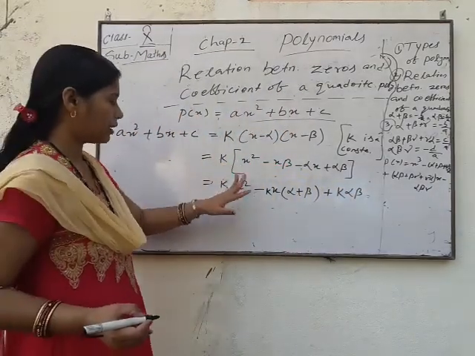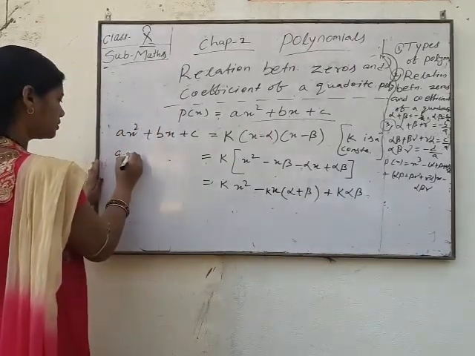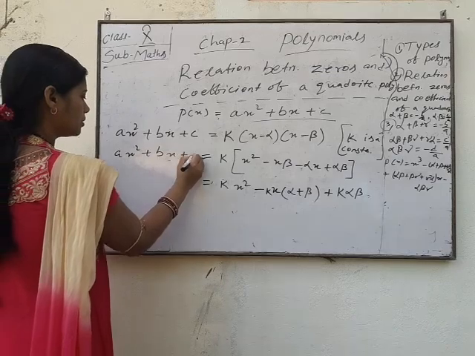Here only to multiply, nothing. Now this is equal to what? This is your left hand side.